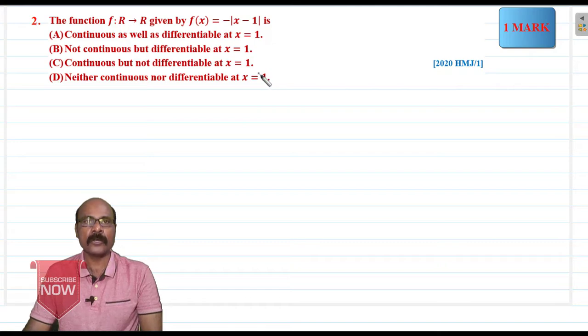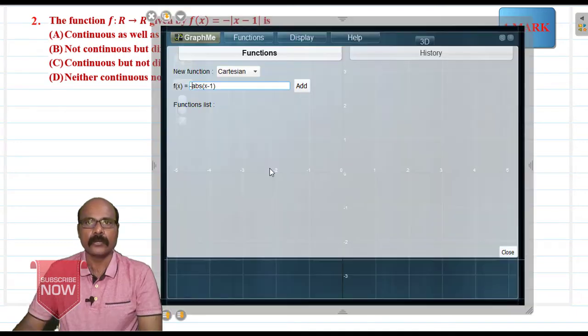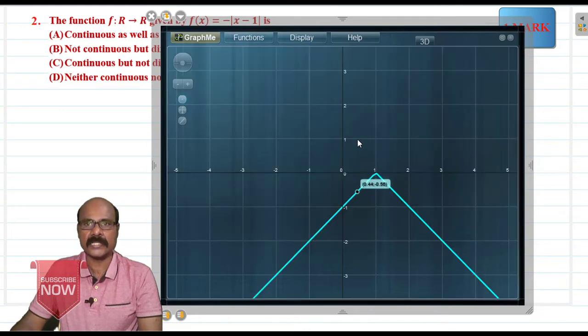Okay, so before going to discuss the solution of this one, I will show you one graph for the function modulus of x minus 1. Look here, this is the graph of minus modulus of x minus 1.